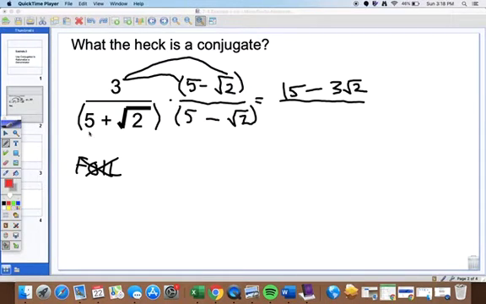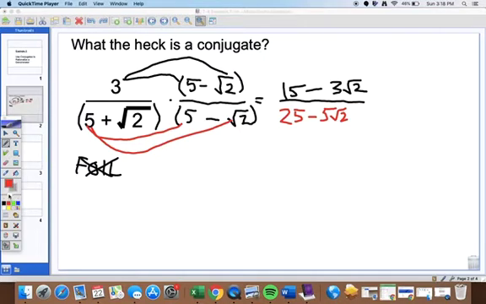So let's start with our 5 over here, and we're going to multiply that by both of these terms. That gives us 25 minus 5 times the square root of 2. And maybe you're thinking, well, we still have a square root in the denominator. You're right, we do, but wait and see what happens, because it's kind of cool.